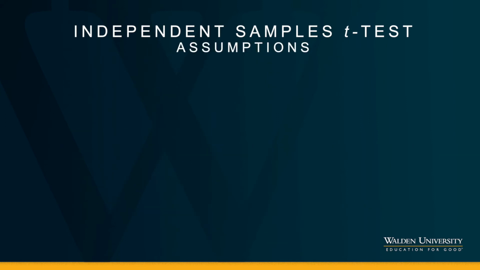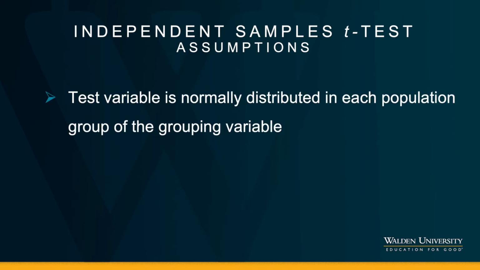Now, as I mentioned, every test has assumptions, and that is no different here for our independent samples t-test. The test variable is supposed to be normally distributed for each group of that grouping variable. Of course, we have to test the homogeneity of variances and interpret the results of the Levene's test.